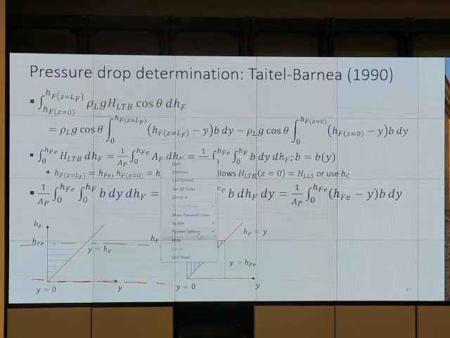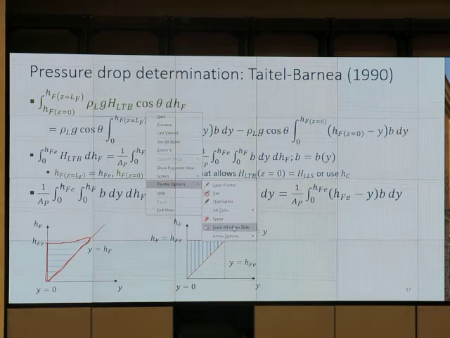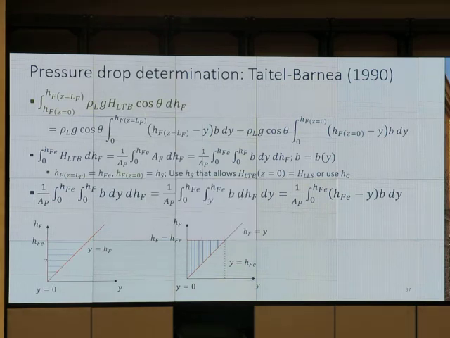So this means the integration domain is a triangle. Step 1, we do from y equal to 0 to y equal to HF, so this means we move from left to right. And then we go from HF equal to 0 to HF equal to HFE, from left to right, and then we move up.